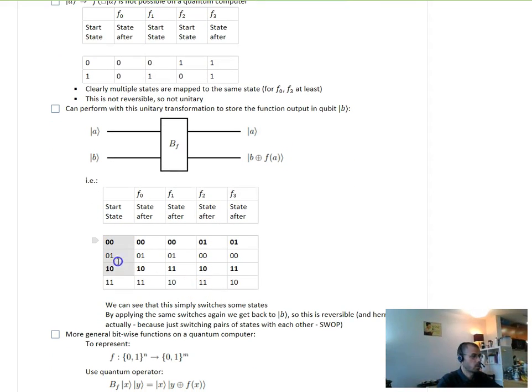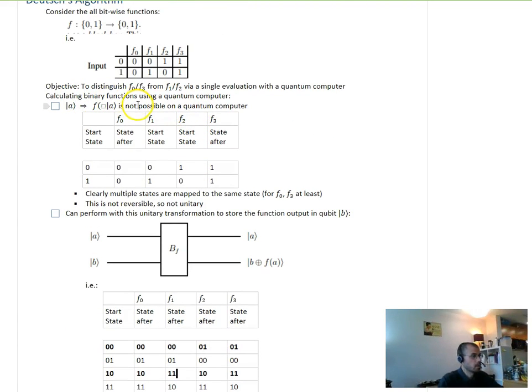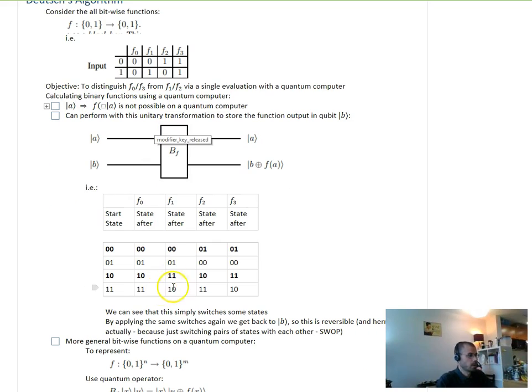And so we could feed in a bunch of states. We could choose the second qubit to be 0. I'm going to pay more attention to the bolded rows here. For each of these functions, if we put a 0 in, the first 2 are 0, the second 2 are 1, so these stay 0. The second 2, we flip the second qubit. Similarly for this, the first and third should stay the same, the second and fourth should flip, and first and third are the same, second and fourth become 1, 1.